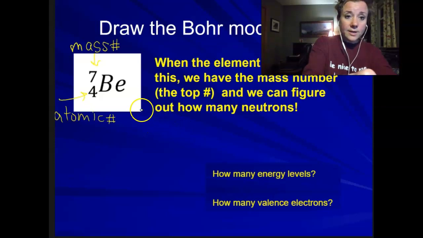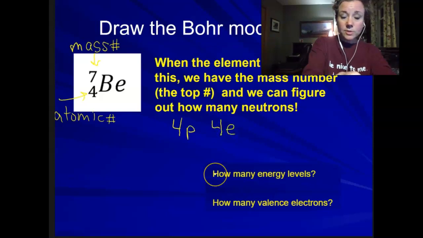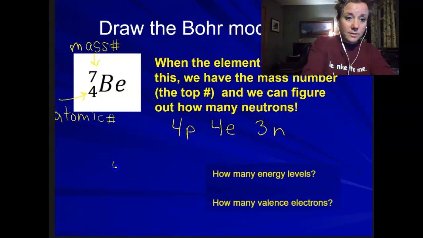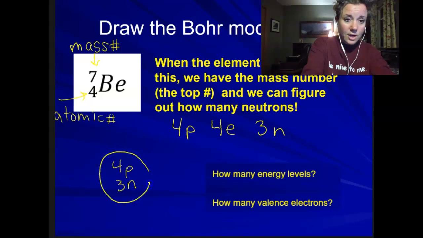So I know that I have 4 protons. My electrons have to equal my protons, so I have 4 of those. And I have 7 minus 4 neutrons, which gives me 3 neutrons. Protons and neutrons are going to go in the middle of my nucleus. Draw my first ring, which has 2 electrons.